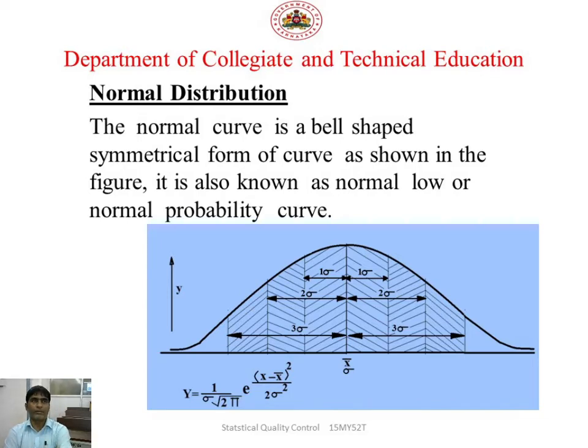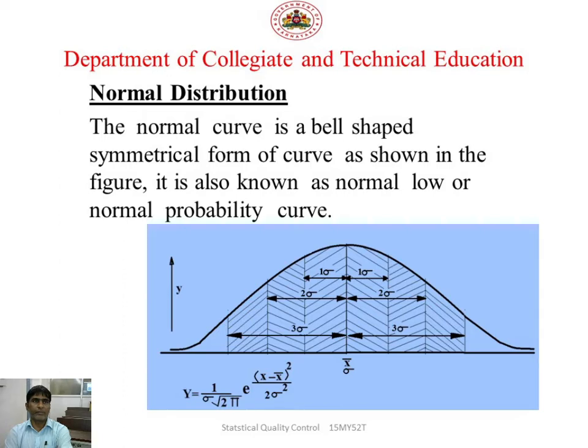The mathematical equation of this curve is y equals 1 divided by sigma root 2 pi, into e raised to minus (x minus x bar) whole square divided by 2 sigma square. So this is a normal curve.